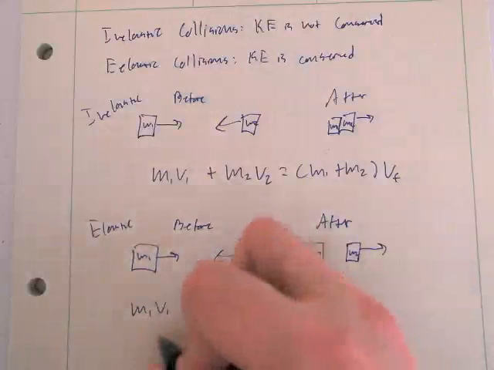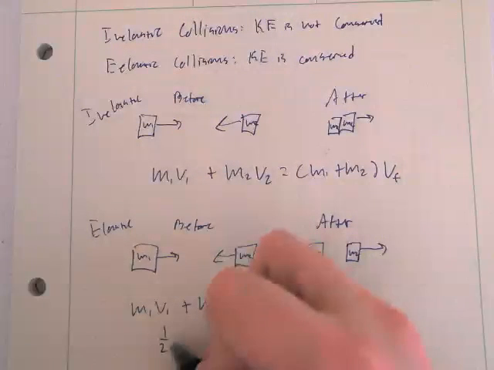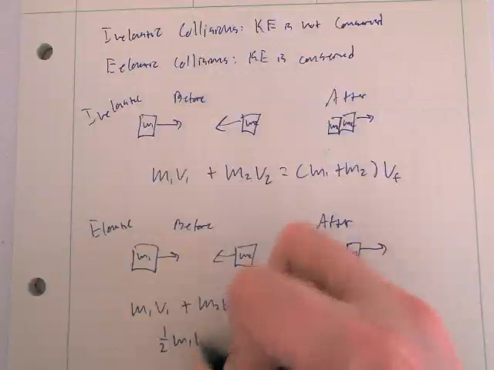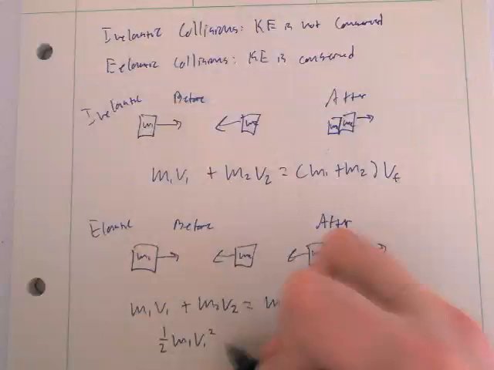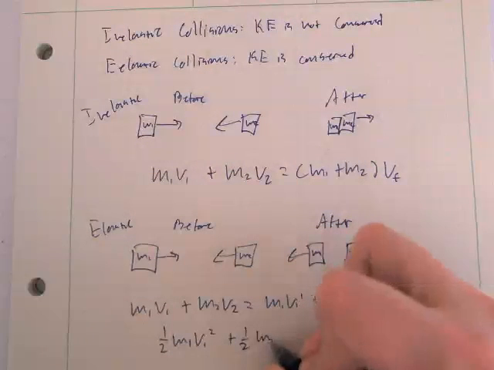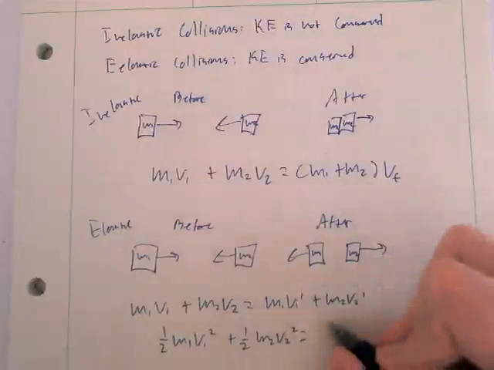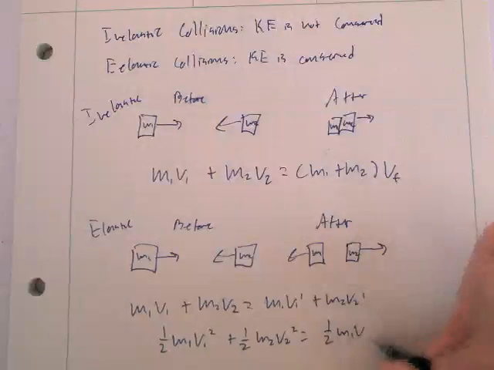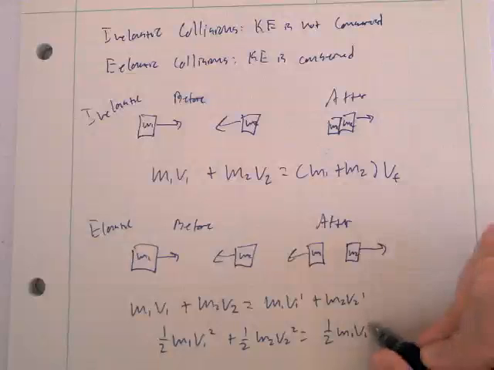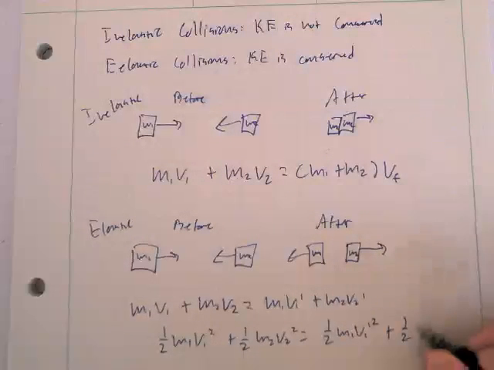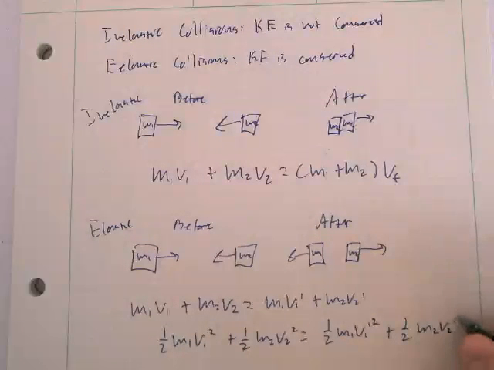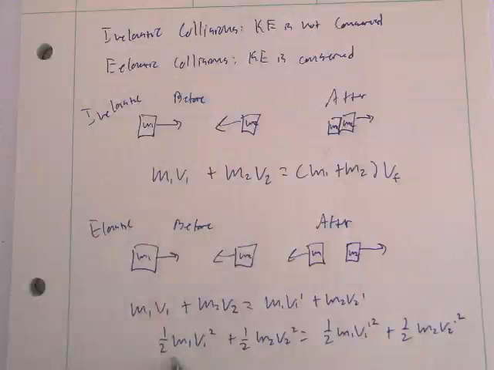So in addition to this, though, we also can say 1/2 m1 v1 squared plus 1/2 m2 v2 squared has to be equal to 1/2 m1 v1 prime squared plus 1/2 m2 v2 prime squared, right? So this is what it would look like for the case of an elastic collision, again, because for elastic collisions, kinetic energy is conserved. So this would be another equation that you would want to write.